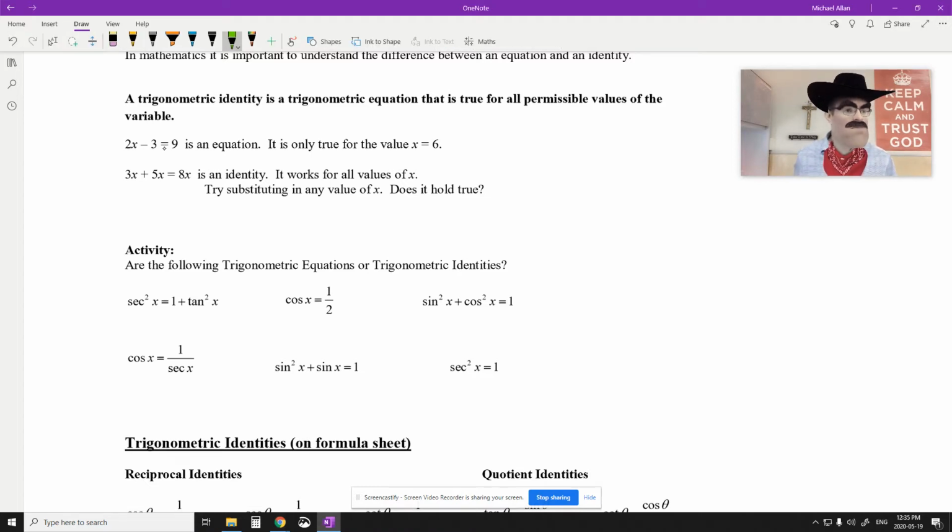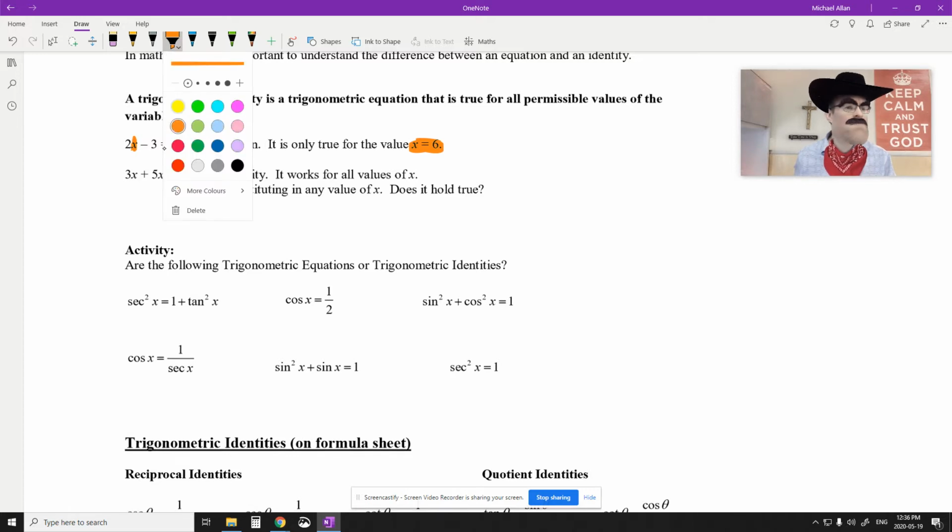That only is true when x is equal to 6, so that's an equation. It's only one value. I can solve for x here, and when I solve for x, I have the value that it's equal to. Okay? So I could solve for this x, and x ends up being 6. Sorry about the color here. It's kind of a weird color.